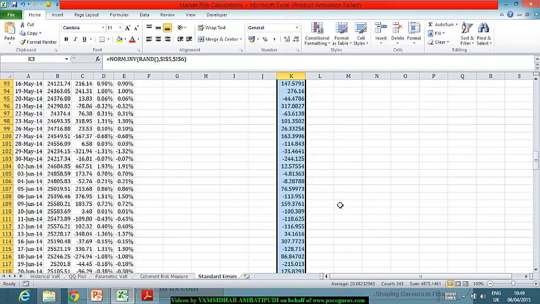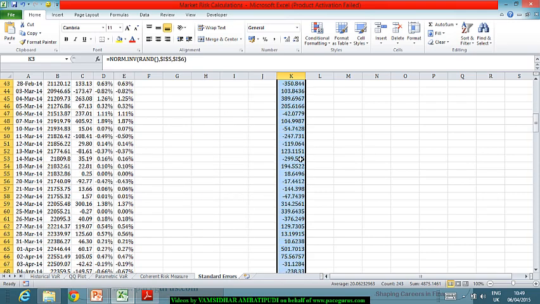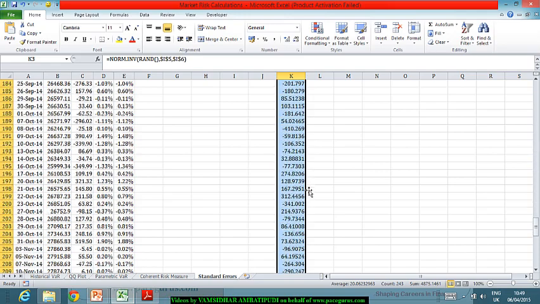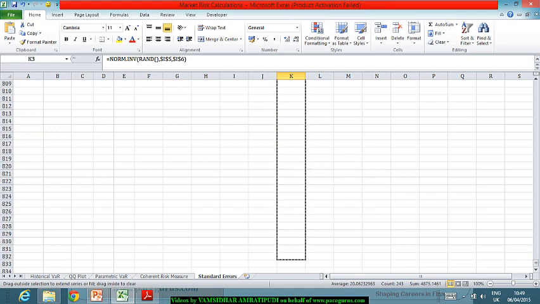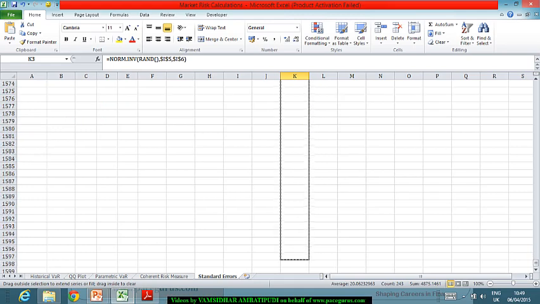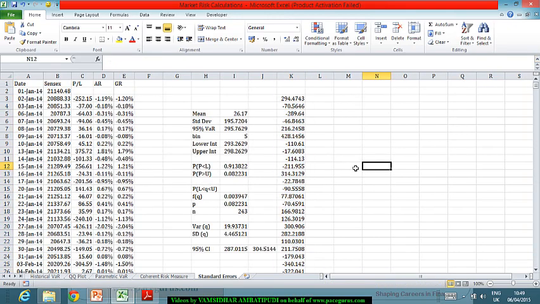These are the different possible values associated with the P&L, which approximately follow the same mean and the same standard deviation. Instead of very few, I'll generate some thousands. That is what we do as a part of the simulation exercise. So instead of very few, I am generating some thousands of values which follow that kind of mean and standard deviation and are more or less normal in nature.